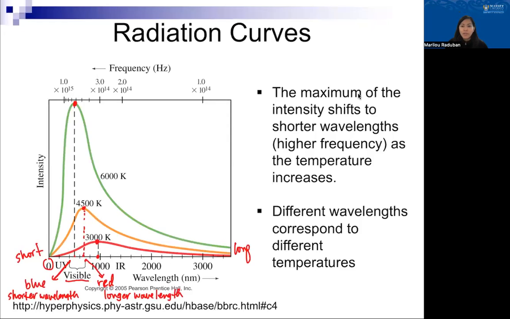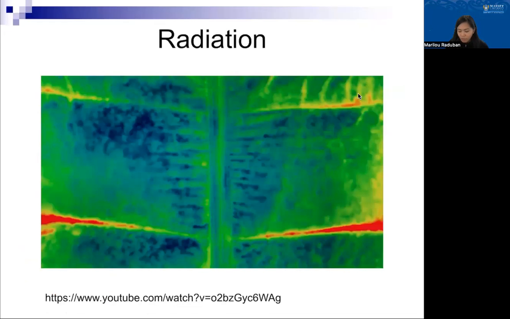Okay. All right, so far we've seen the amount of energy emitted via radiation depends on the color, the emissivity of the object. It depends on the area that's emitting radiation, and it depends on the temperature of the object. So if we put all of those factors together, we have what we call Stefan-Boltzmann law.